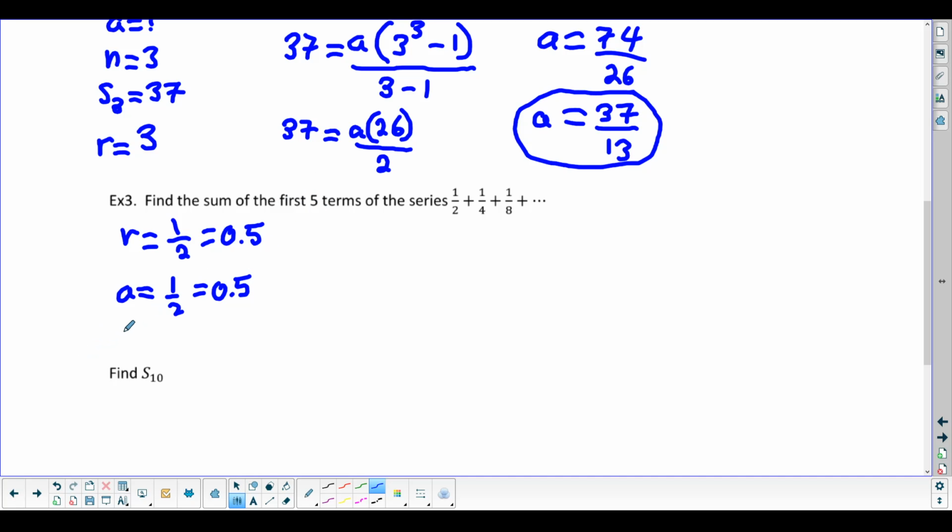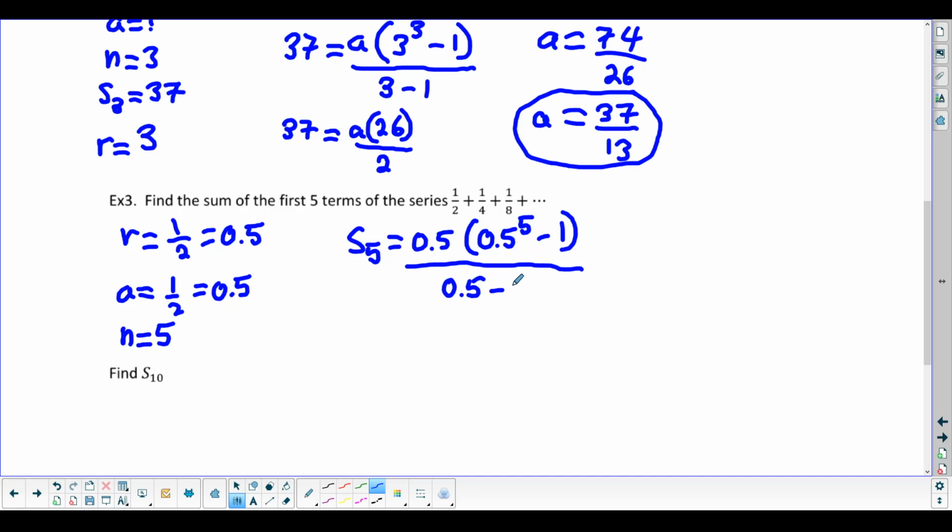And it tells us n is 5. So we want to find the sum of the first 5 terms, which is A, 0.5, times 0.5 to the power of n, 5, minus 1, all divided by R, 0.5 minus 1.